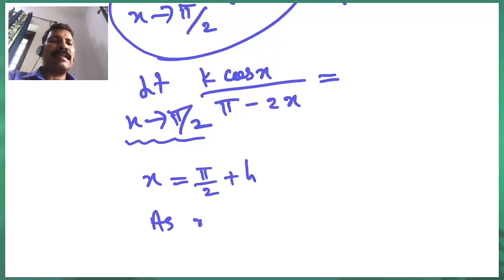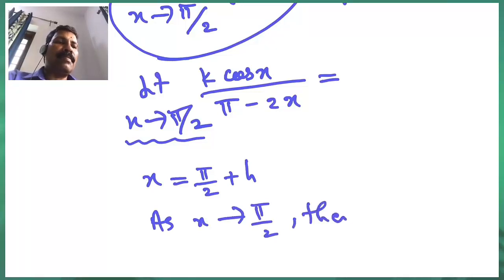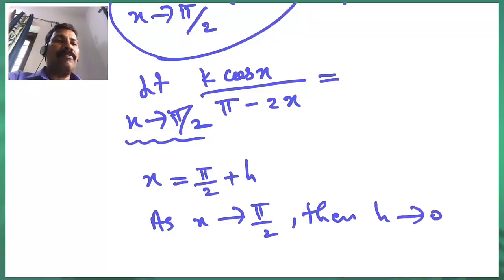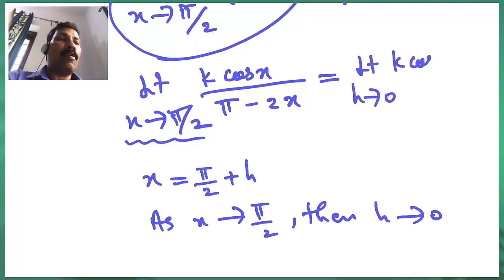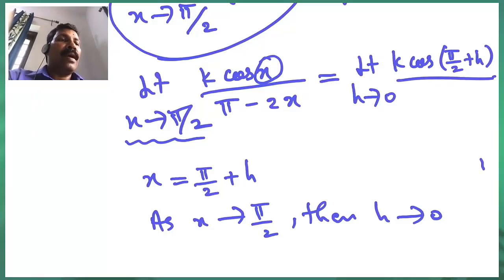So as x tends to pi by 2, h becomes 0. Therefore we can write limit h tends to 0 of k cos, instead of x we shall write pi by 2 plus h, divided by pi minus 2 into x, where x means pi by 2 plus h.